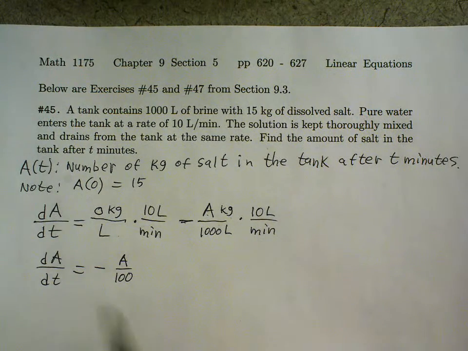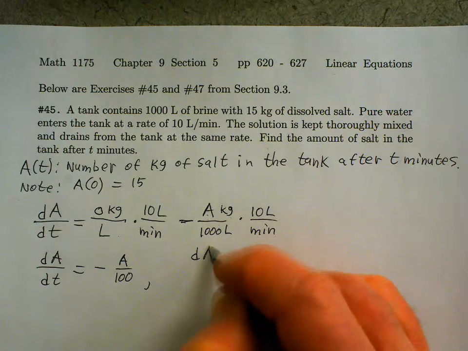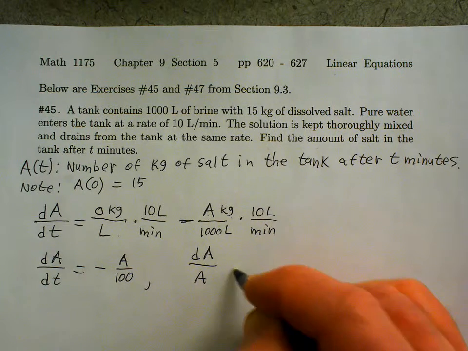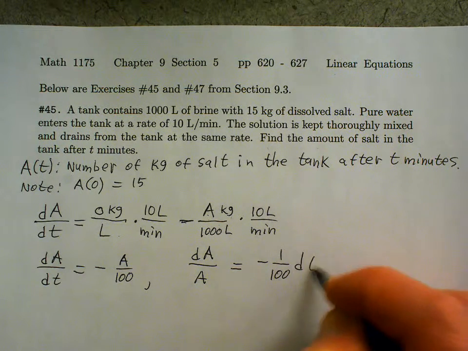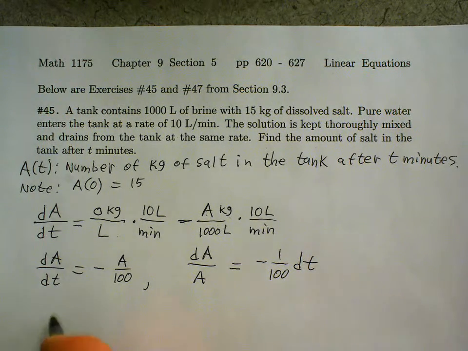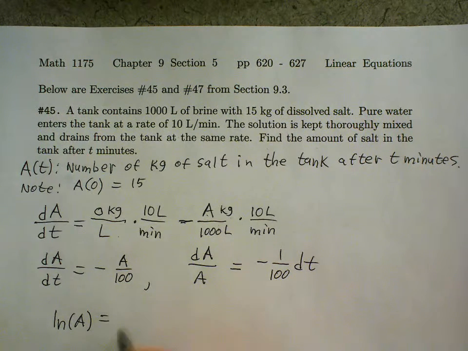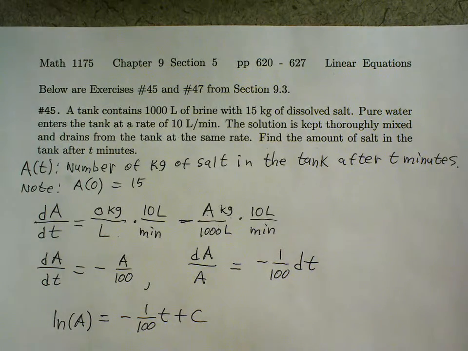Okay, so this is a separable equation. And so we'll write it as dA over A equals negative 1/100 dt. And then when we integrate both sides, we get the natural log of A equals negative 1/100 times t plus a constant. And we're out of time.